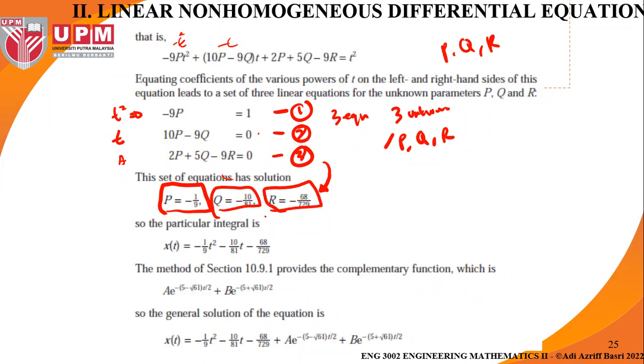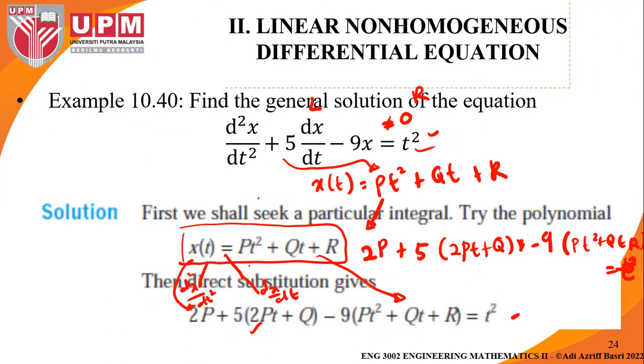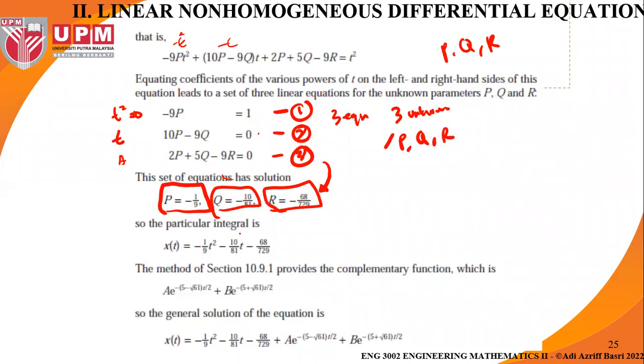Then you put all these things in the main general equation just now. So what is your p? P is negative 1/9 t², minus q, 10 over 81 t, and r is a negative constant.